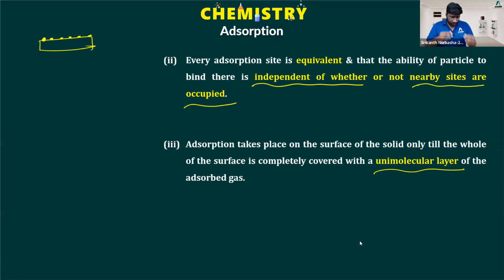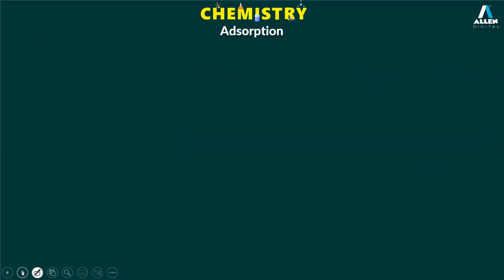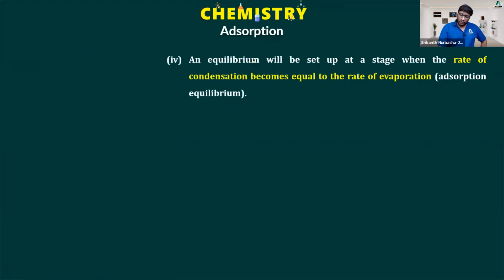Is that clear? Yes, sir. As I have told you, an equilibrium will be set up at a stage when the rate of condensation equals the rate of evaporation. At this stage, there will be an establishment of equilibrium.